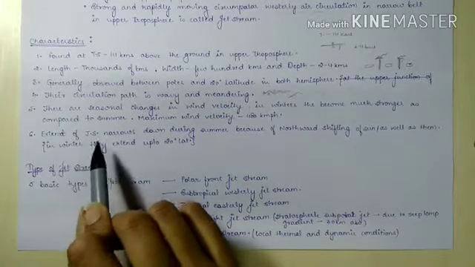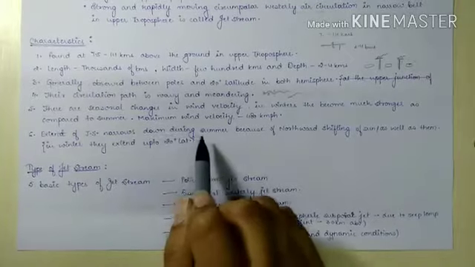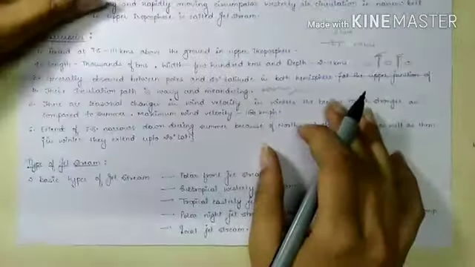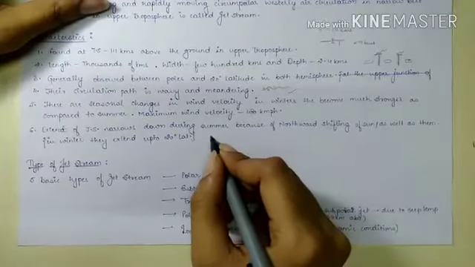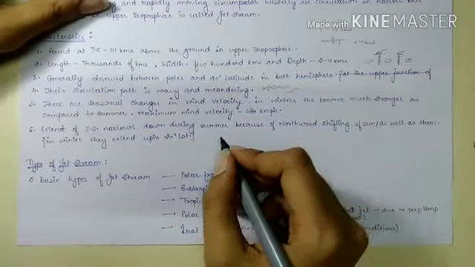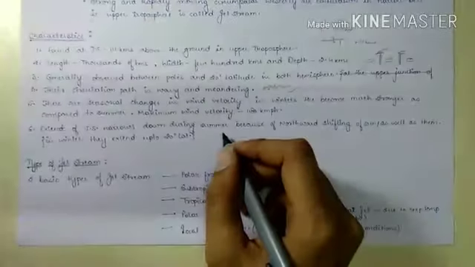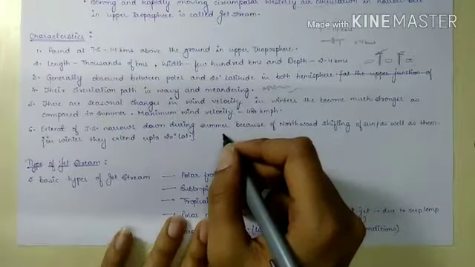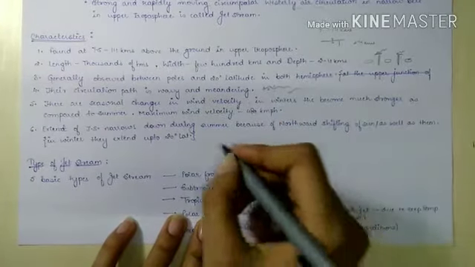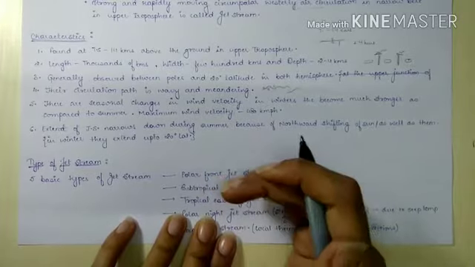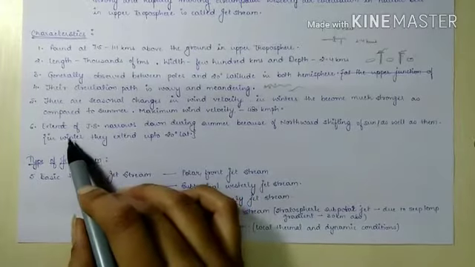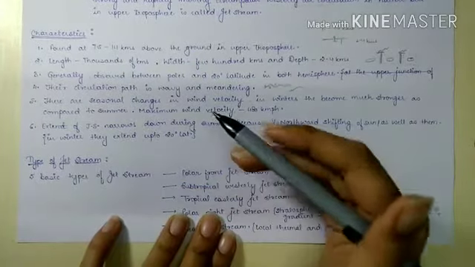The extent of jet stream is narrowed down during summer because of northward shift. See, during summer everything shifts northward. As the sun shifts northward, the high pressure belts and low pressure belts also shift northward, and hence these winds also shift northward.